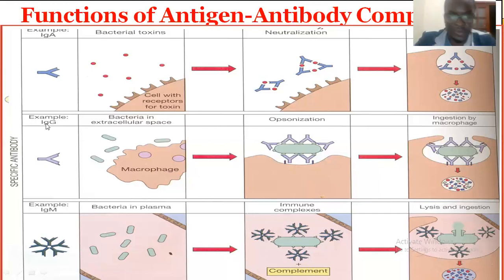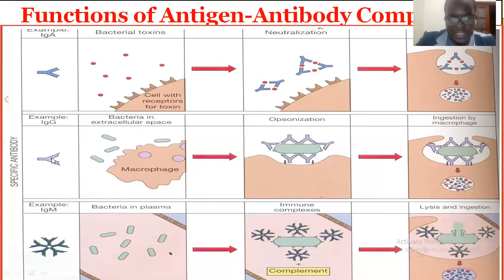Then an example of IgG, which is different from IgA, which responds to the toxins. The IgG is a bigger one. So, for instance, you have bacteria in the extracellular space, and then you have a macrophage here.